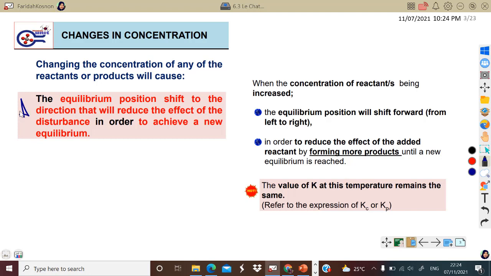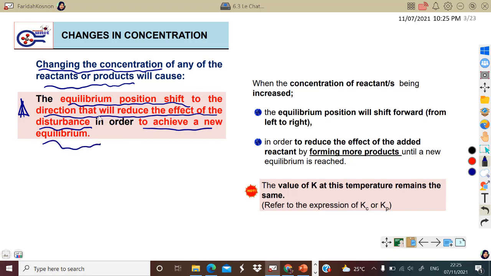So the basic concept is that if the system, originally in dynamic equilibrium, is disturbed by a change in concentration of reactants or products, the equilibrium position will shift to the direction that will reduce the effect of the disturbance. What is the purpose? To achieve a new equilibrium.